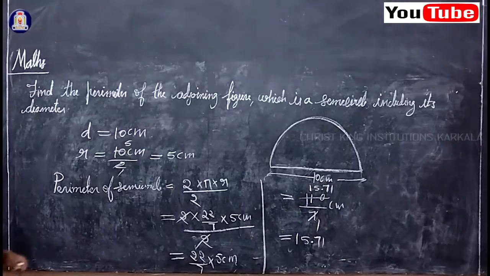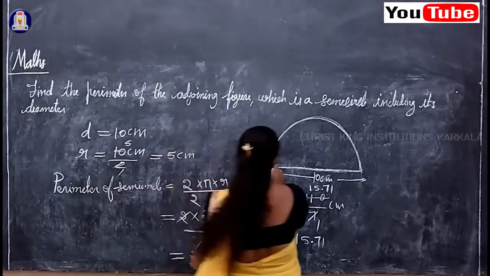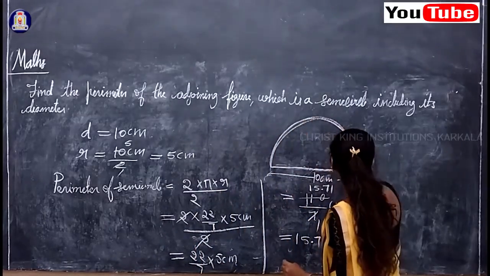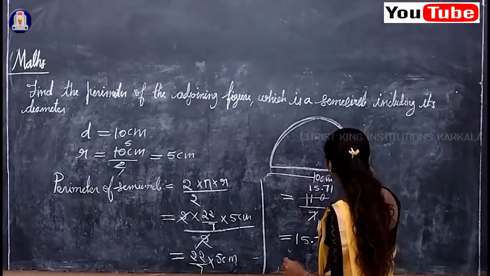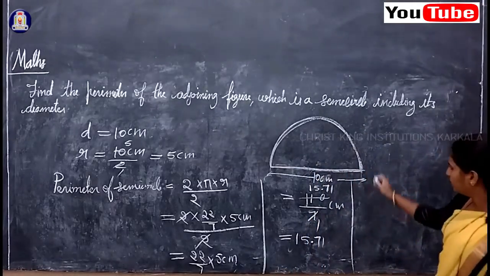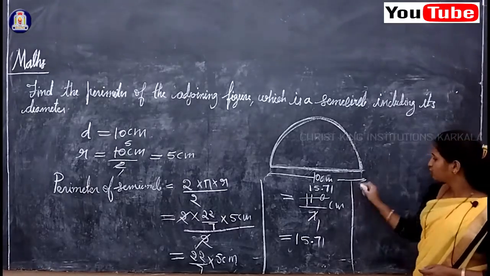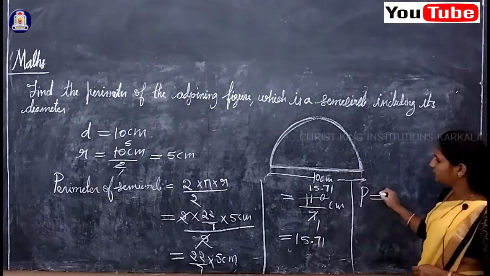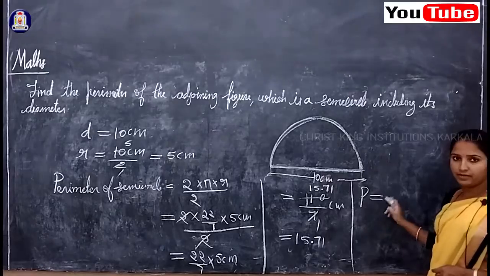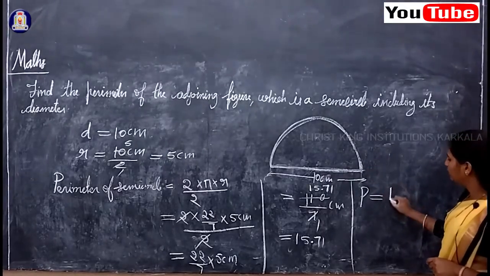Clear? So they are asking to find the perimeter of the adjoining figure, means including diameter. Semicircle perimeter we got 15.71, plus you have to include the diameter.